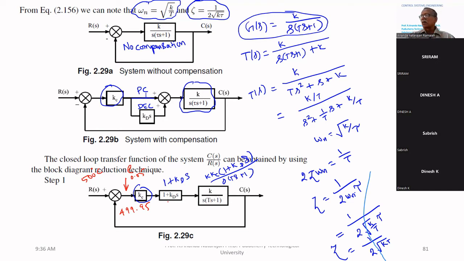But room temperature will not be constant. It always vibrates about a particular temperature. Therefore, noise is inevitable in a circuit. So noise amplitude is 0.05 volts, let us assume. Noise amplitude is 0.05. Here error is also 0.05. How to distinguish between noise and error? It is not possible.